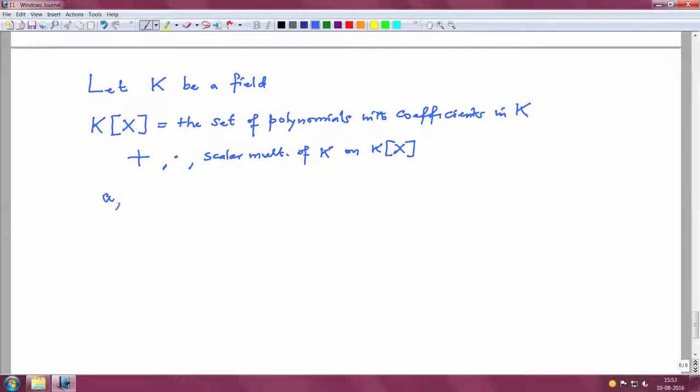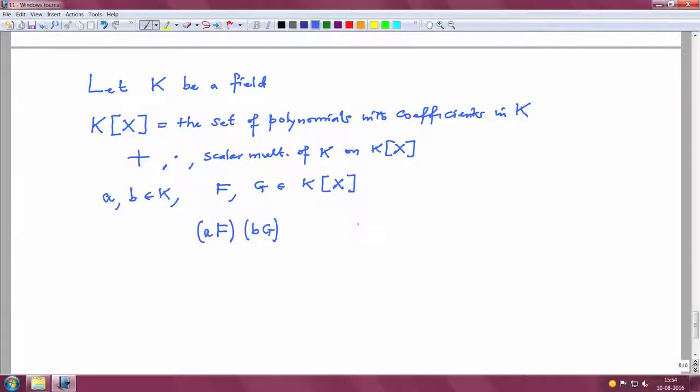Given two scalars a, b and two polynomials f, g in K[x], whether you first multiply a scalar and a polynomial, af and bg, so you get polynomials and now you multiply these two polynomials.